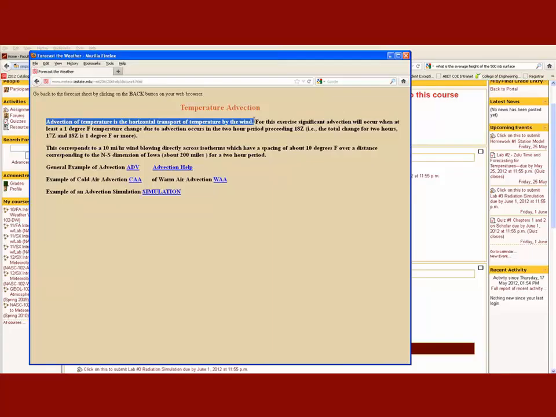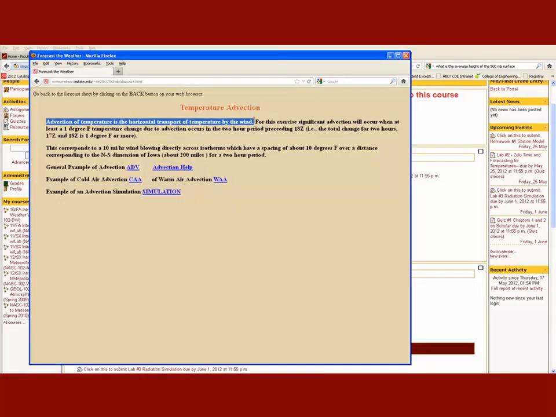We're not talking about the wind moving from the surface up, but we're talking about it moving horizontally, coming in from Texas, Mexico, Oklahoma, Kansas. That wind is transporting warmer temperatures. So when we talk about temperature advection, we're talking about the movement of air.